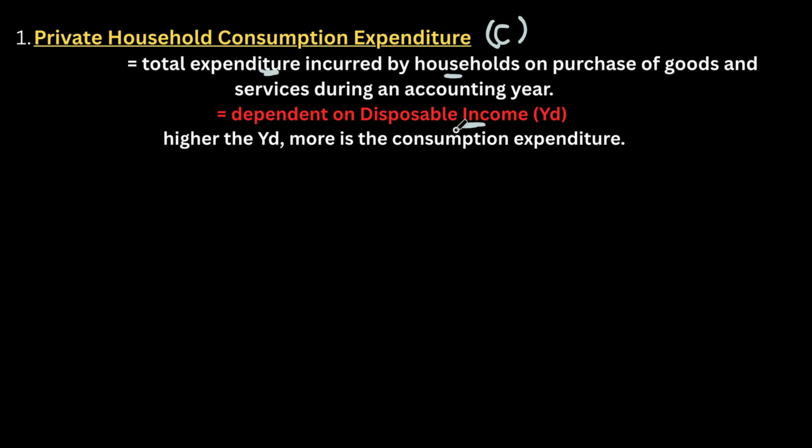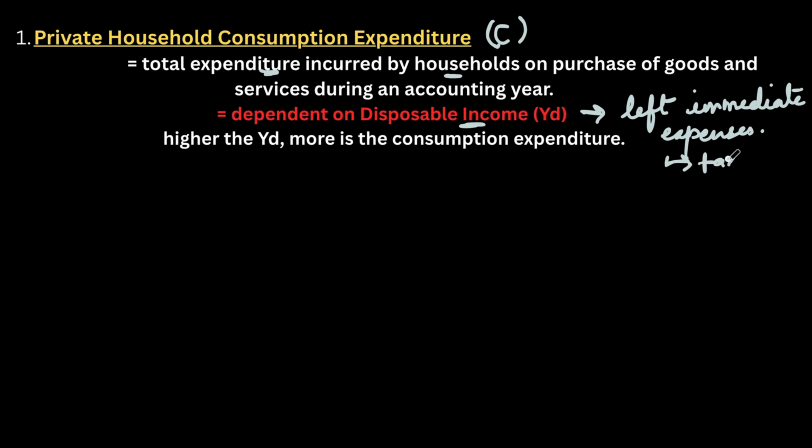Now what you need to remember from this part is that it will be dependent on your disposable income. What is disposable income? Disposable income refers to the income which is left after paying all the immediate expenses. What are the immediate expenses? For example, you have to pay rent, you have to pay tax. So this will be called immediate expense.